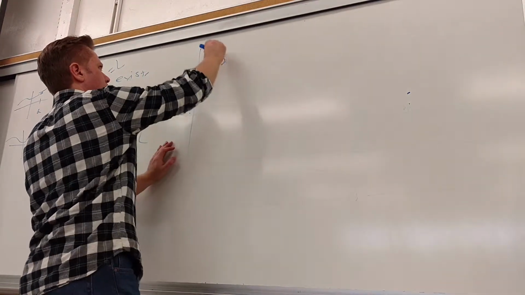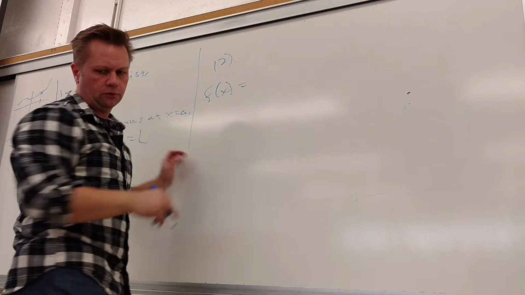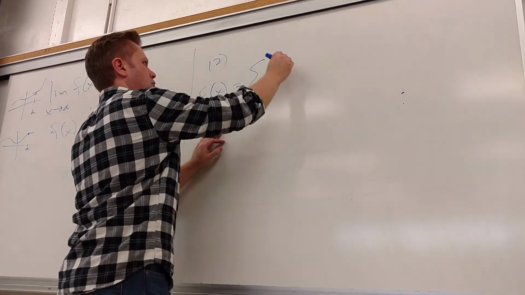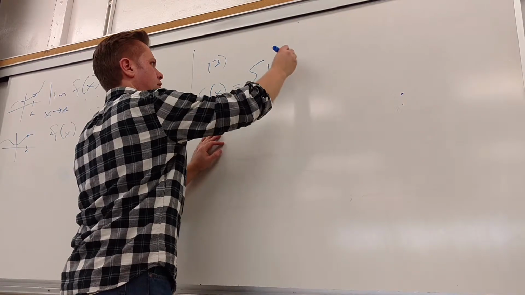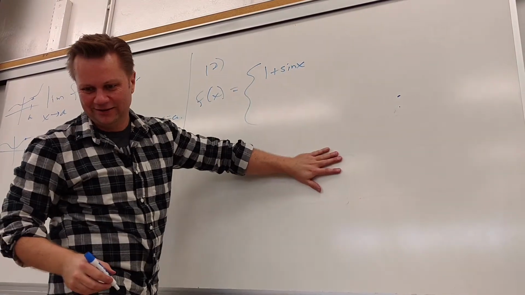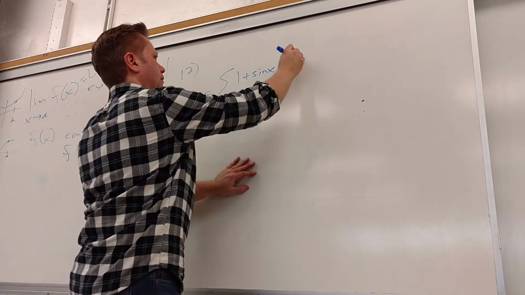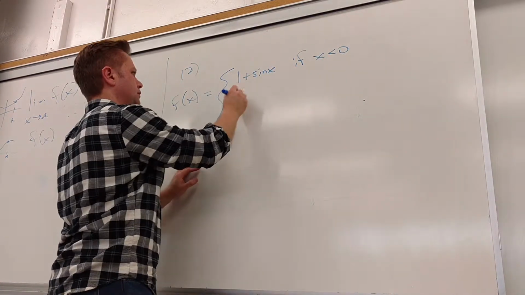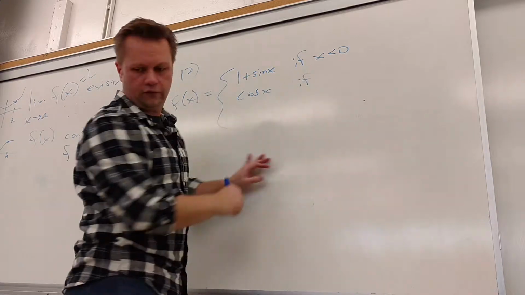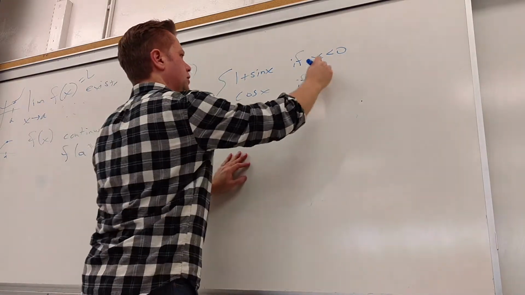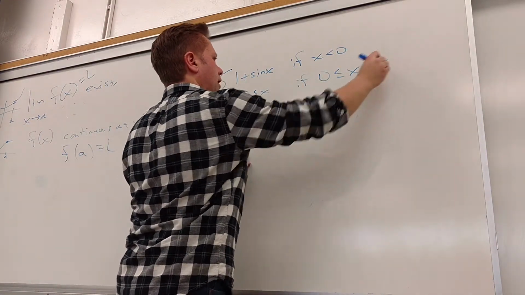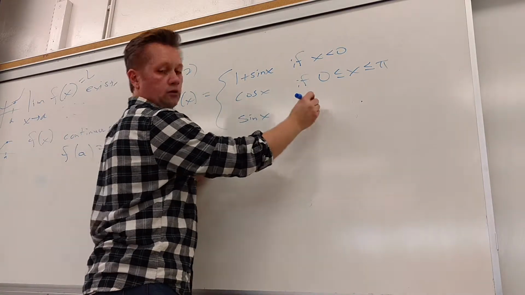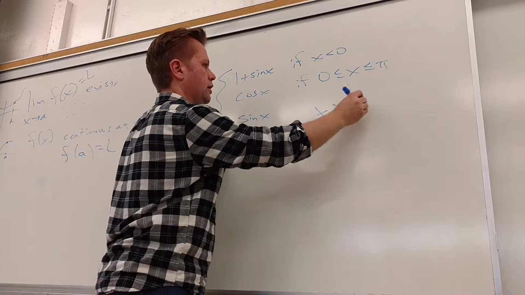So 12 gives you this big piecewise function. It's this if x is less than 0, it's this if x is between 0 and pi, and it's that if x is greater than pi.